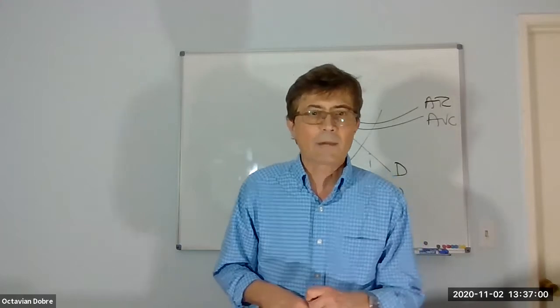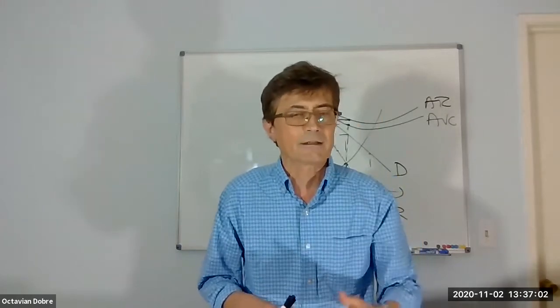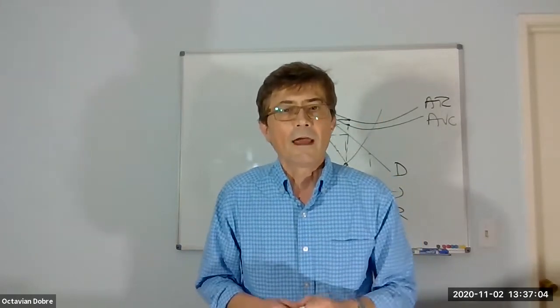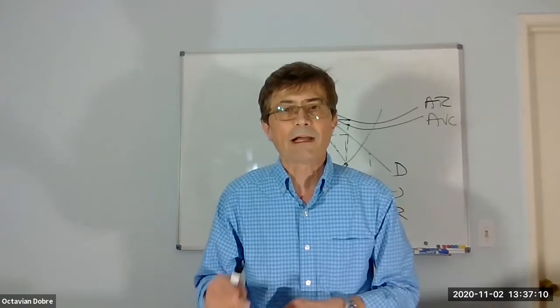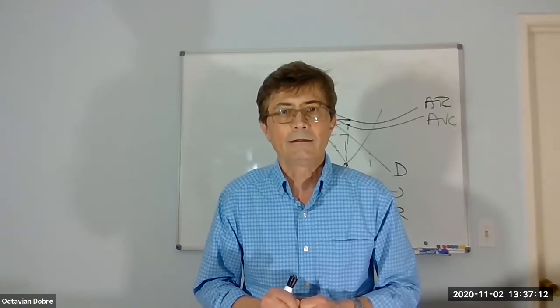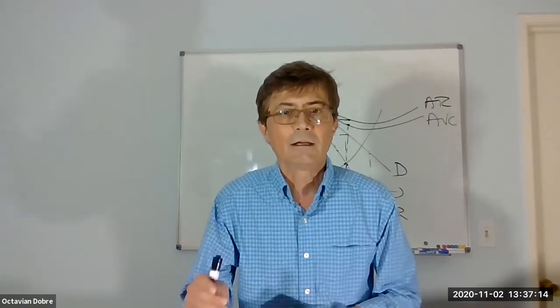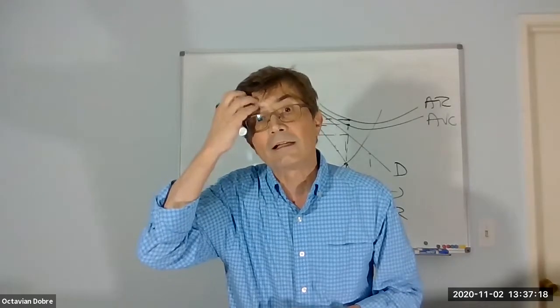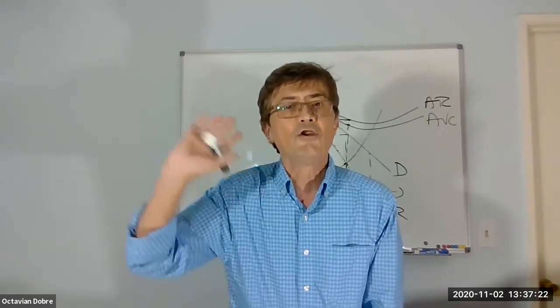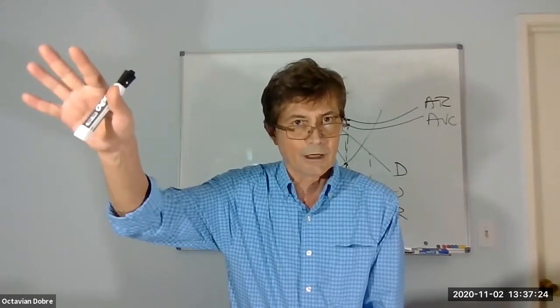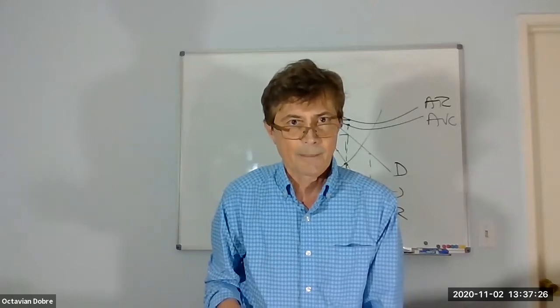Can anybody tell me what the dominant strategy in prisoner's dilemma is? Is it to cooperate or not to cooperate? The dominant strategy is the strategy that you're going to take no matter what the other person does.